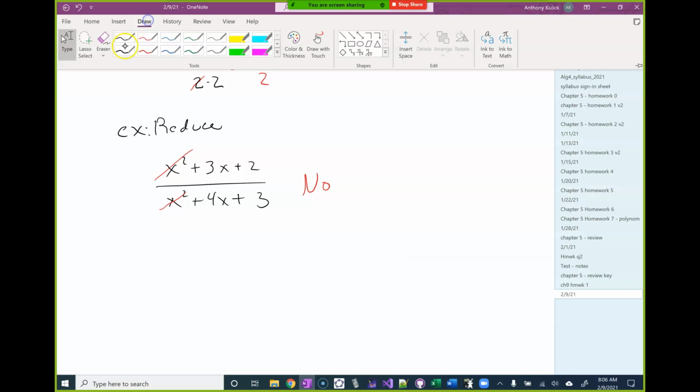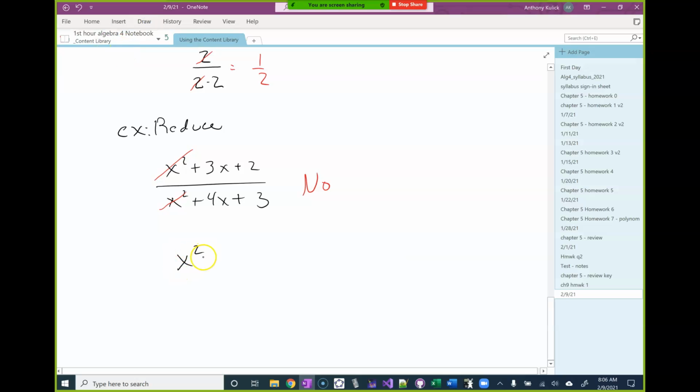That is the biggest stumbling block: if you can't get it through your head that crossing out added and subtracted pieces is never going to be okay, you get stuck. So instead, we want to turn this addition and subtraction problem into a multiplication problem, and we do that by factoring.